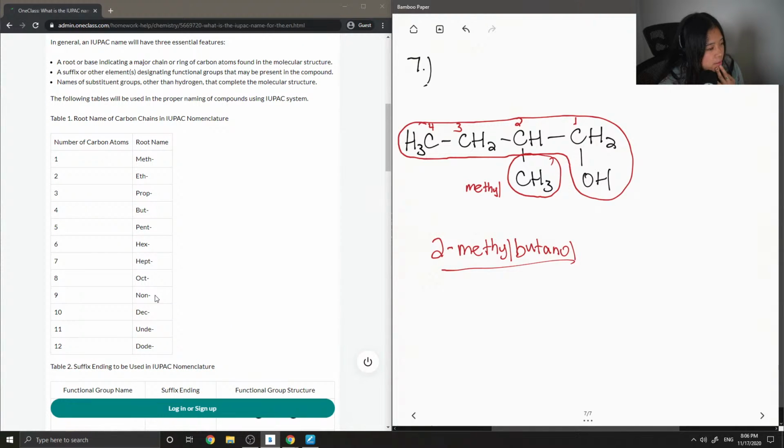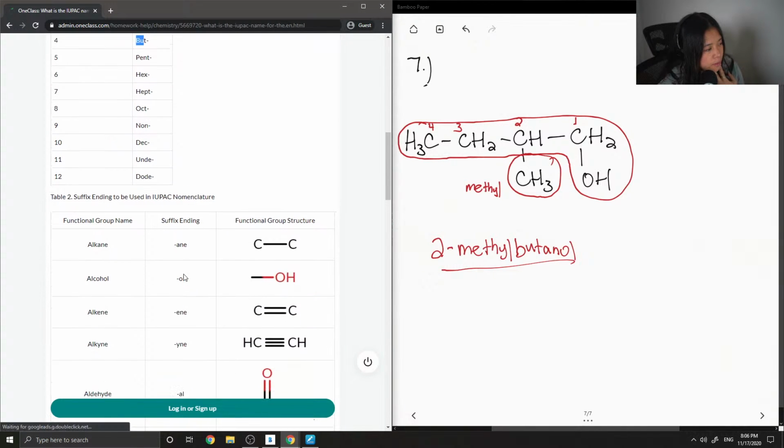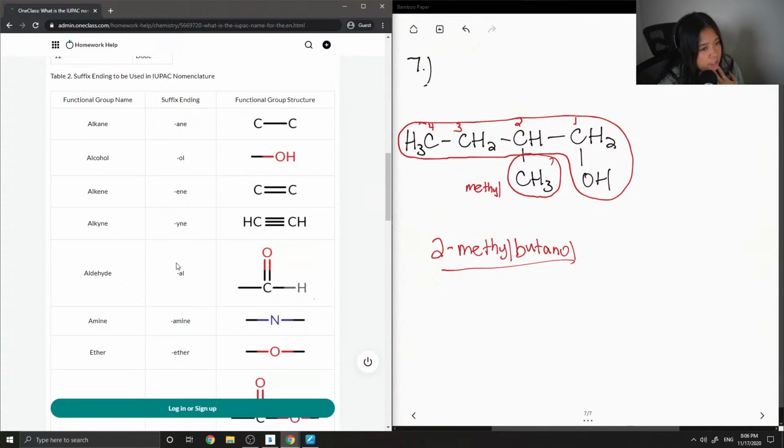So they summarize all the different root names of the carbon chains that you can have. So in our case, there were 4 carbons, so that's where the but- came from. And here are all the different suffixes.